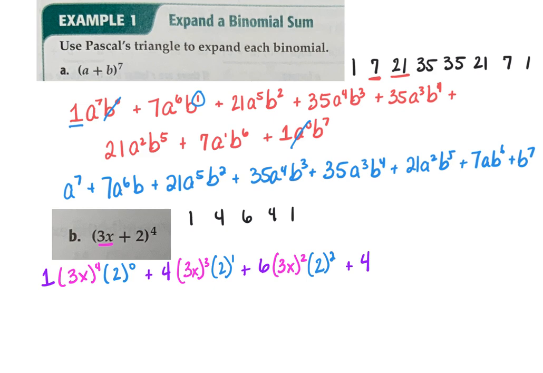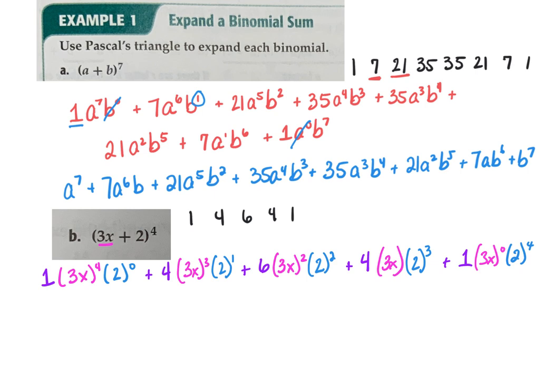And fill this all the way in until we get 3x to the 0 power and 2 to the 4th power. Now, when we simplify this one, we are going to have to actually take those to the power, including the numbers themselves. And so it's going to be a little bit trickier than just making sure you don't have zeros and ones in there.